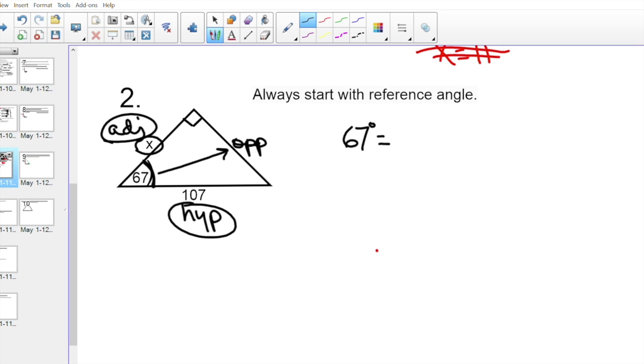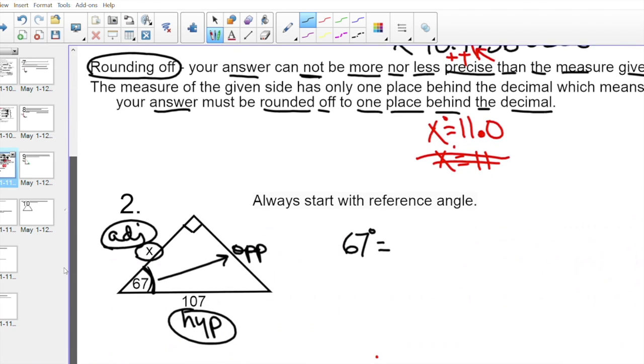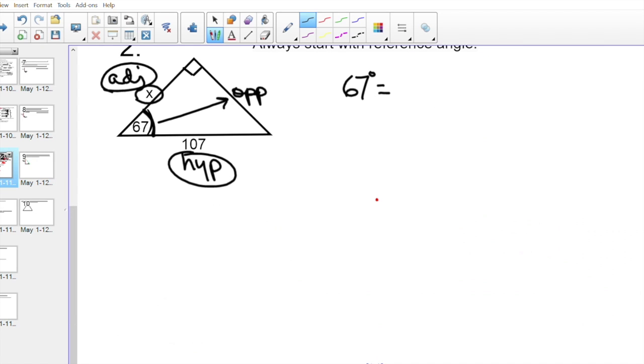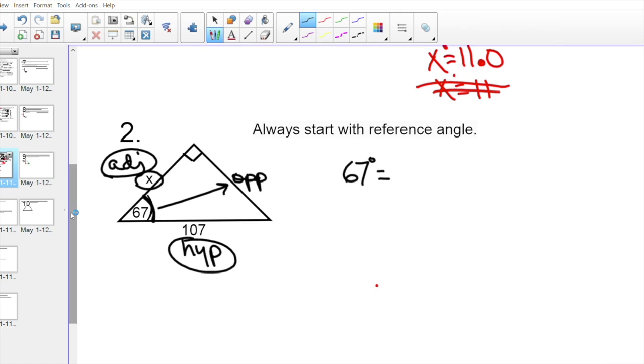So going back, if you have the adjacent, you write it over the hypotenuse. So, I'll write a ratio of the adjacent over the hypotenuse.